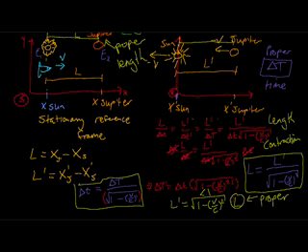So the length measured in the reference frame with the proper length is always going to be greater than the length measured in the reference frame where the things you're measuring are moving. So the length is going to contract, or get smaller, in those reference frames compared to the other reference frames. That's what we call length contraction.